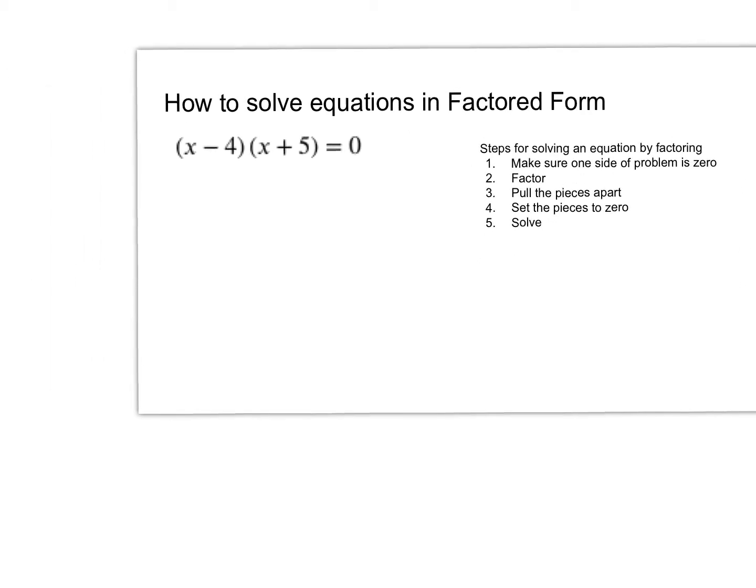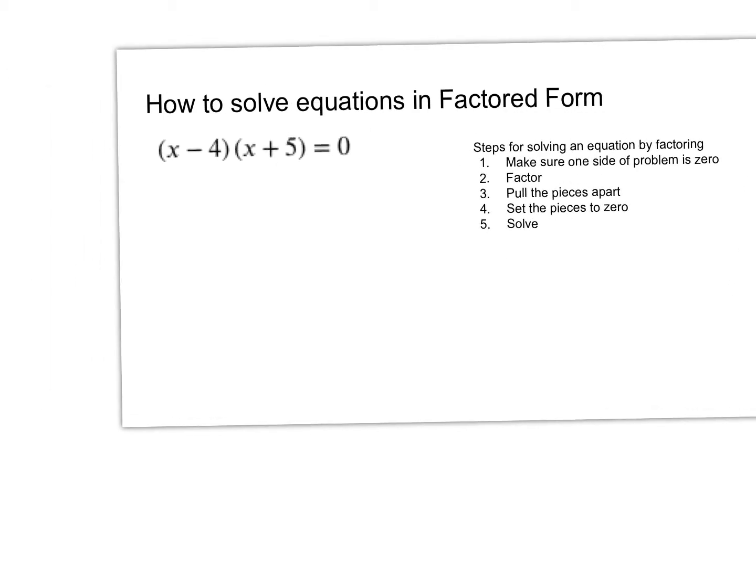Okay, so again, same direction, solve the equations in factored form. So step number 1, does one side equal 0? Yes, so we're good there. Step 2, factor. Well again, because it looks like this, I don't have any exponents in my parentheses, I can't factor. So step 2 is already done. So let's start. Step 3, pull the pieces apart. X minus 4, x plus 5.